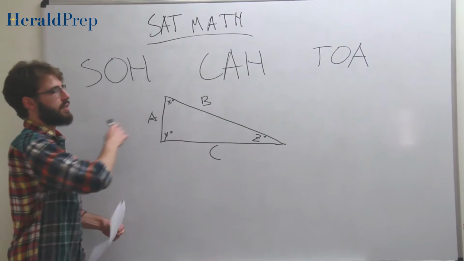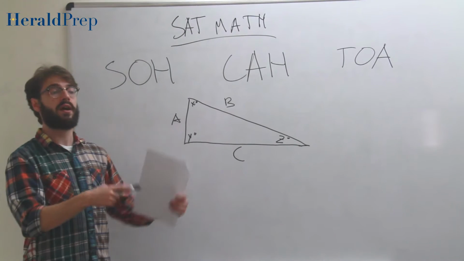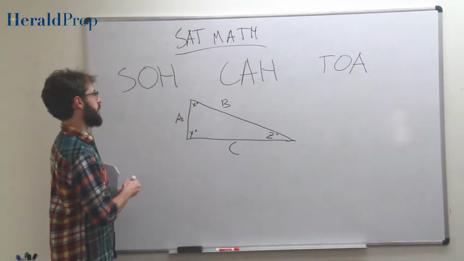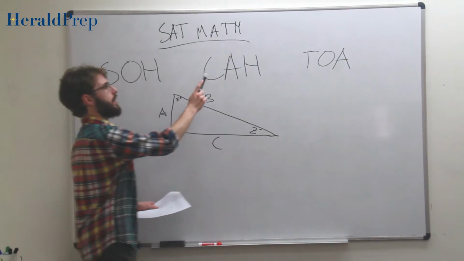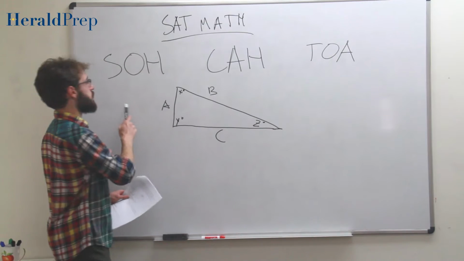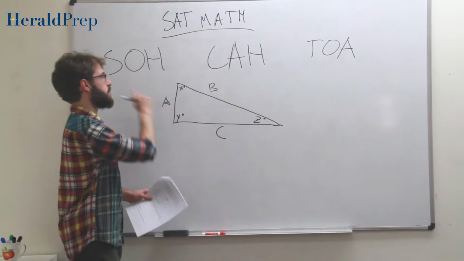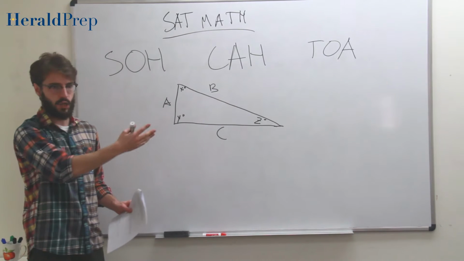And what this does is it defines the three main trig functions, our functions of trigonometry. And what those three functions are: sine, cosine, and tangent. So the first letters of each part of the SOHCAHTOA phrase represent each of those trig functions, sine, cosine, and tangent.